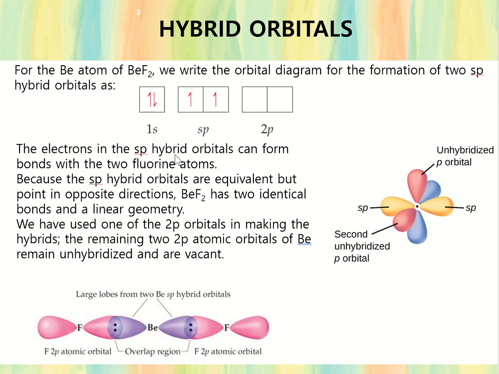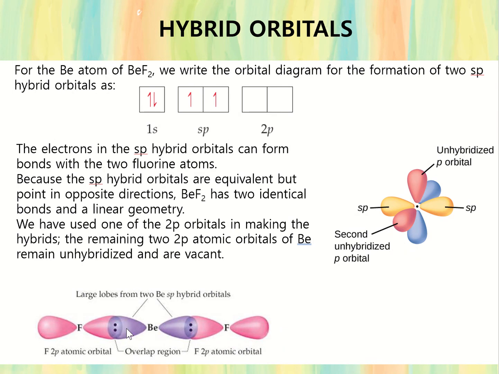So we have used one of the 2p orbitals in making the hybrids. The remaining two 2p atomic orbitals of beryllium remain unhybridized and are vacant, as we see up here.